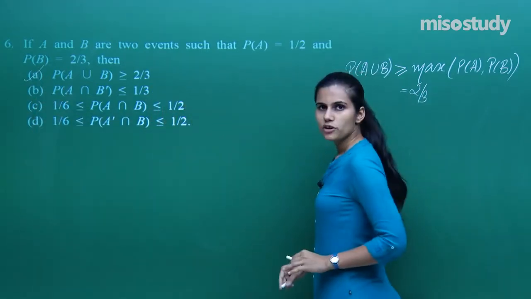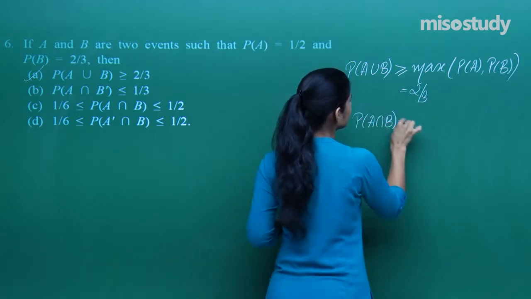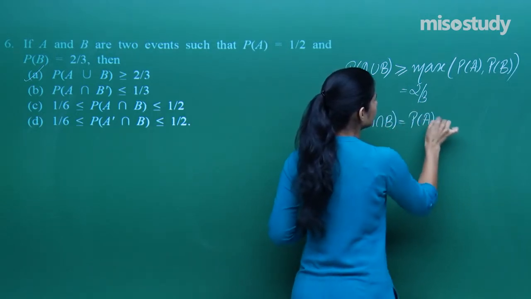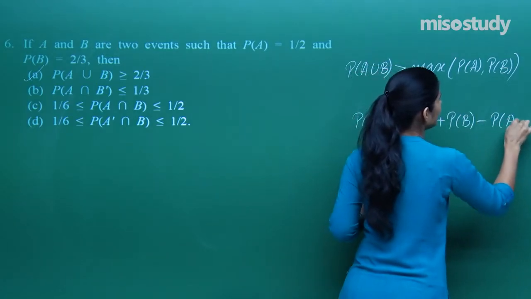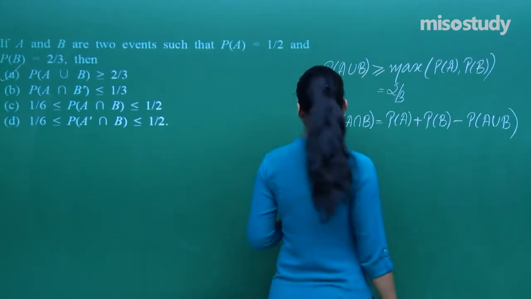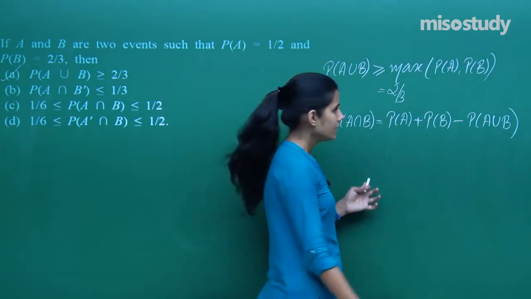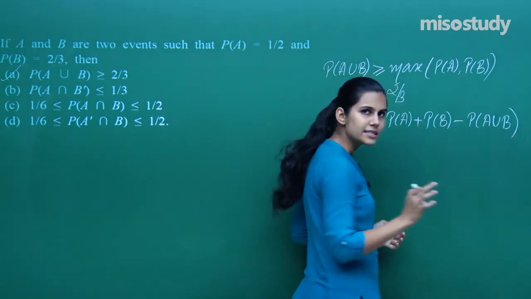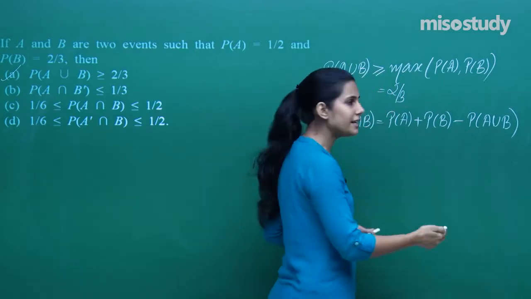Next, let's talk about probability of A intersection B. Probability of A intersection B is probability of A plus probability of B minus probability of A union B. I want to talk about this being less than or greater than or equal to something. Now you know probability of A union B is less than or equal to 1. So minus of probability of A union B is greater than or equal to minus 1.